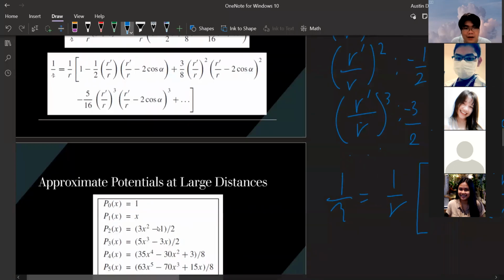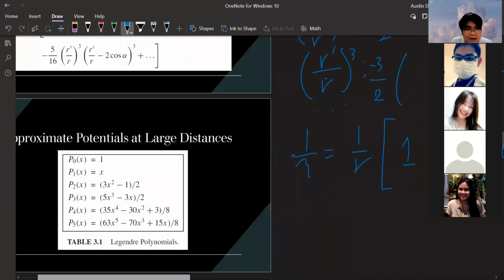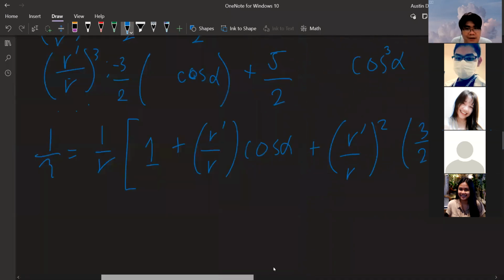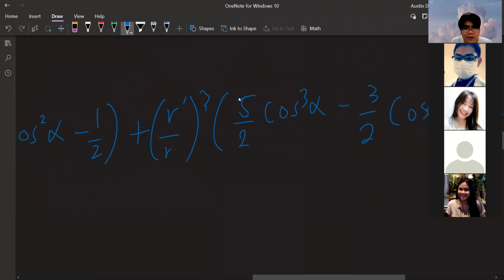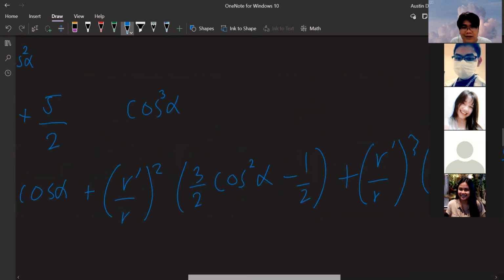Next term will be 5x cubed over 2 minus 3/2 ng x. 5/2 ng x cubed. Then 3/2 x. Amazingly, these are the Legendre polynomials.